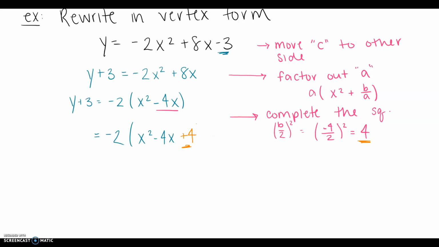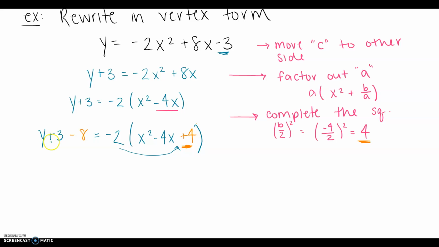However, when I add it to the other side, it's not 4 on the left side. It's technically 2 times 4. So on the left, I'm going to have y plus 3 times negative 2 times 4, which is negative 8. So when you complete the square in the parentheses, it's not the exact same number that goes on the opposite side. And then from here, it's pretty straightforward.